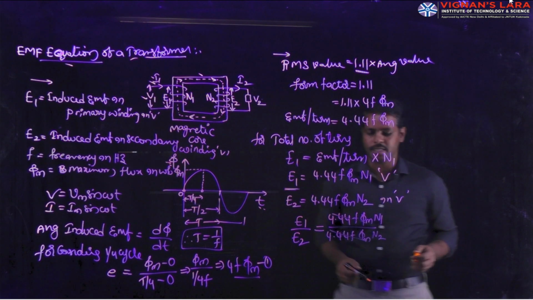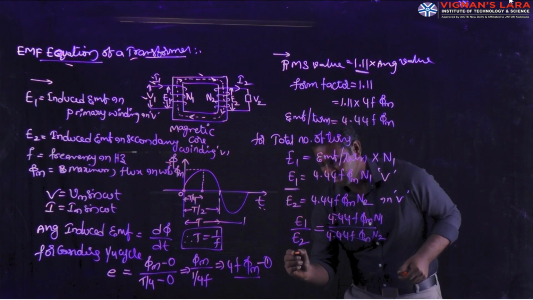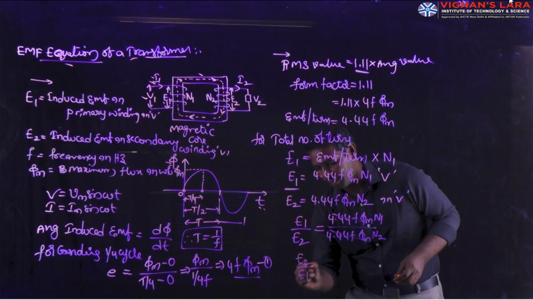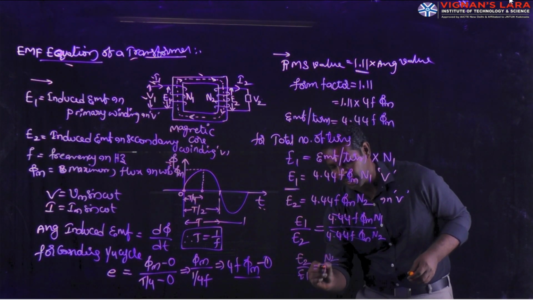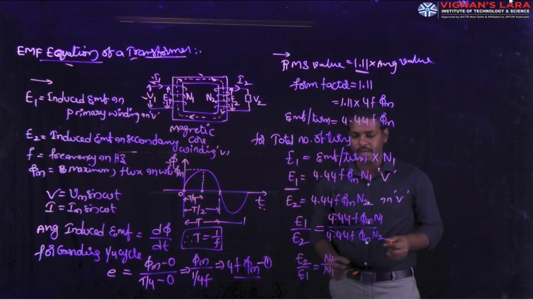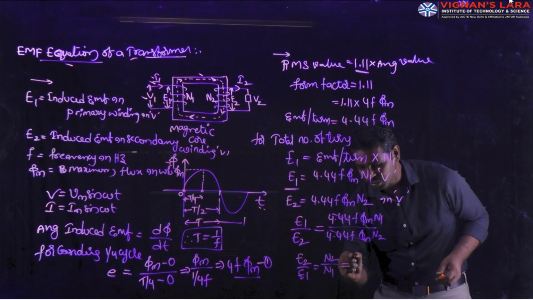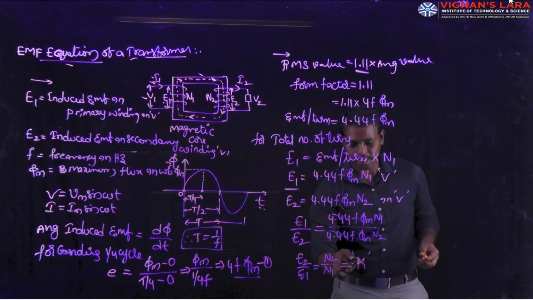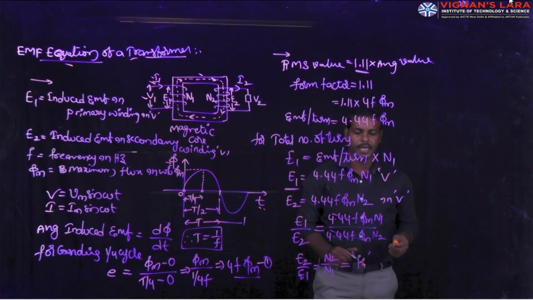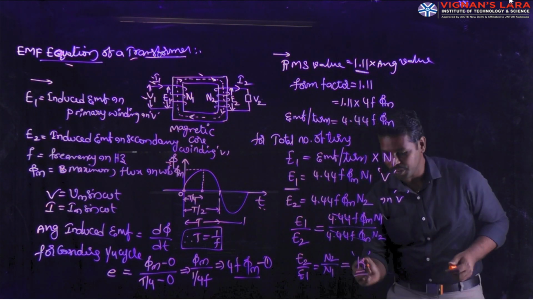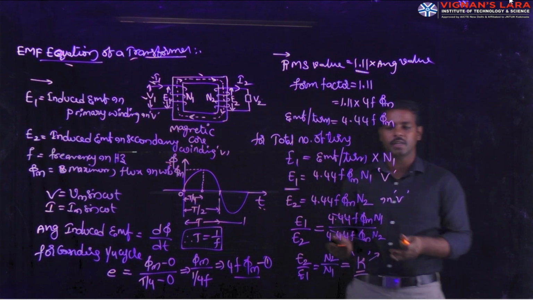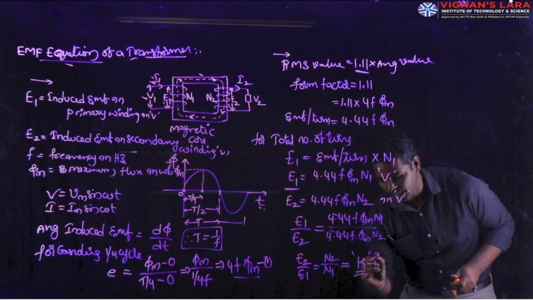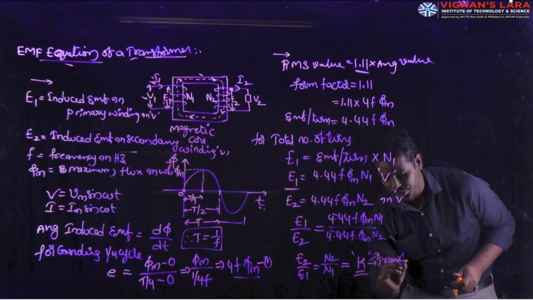These all get cancelled, so the equation simplifies to E2 divided by E1 is equal to N2 divided by N1, which is the transformation ratio K. This is very, very important throughout the unit. Either in the 4th unit or 5th unit, we always follow the transformation ratio. So K is the transformation ratio.